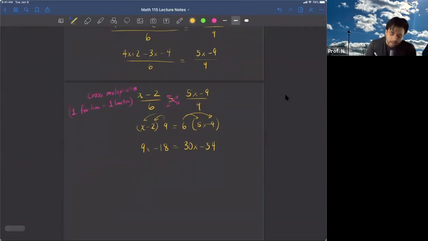Solve for x. Subtract 30x from both sides, add 18 to both sides. So 9x minus 30x is -21x. And -54 plus 18 is -36.